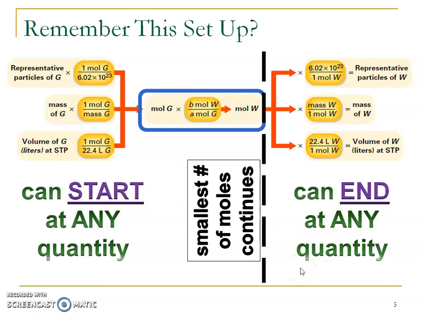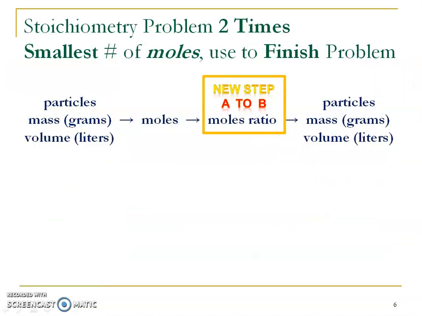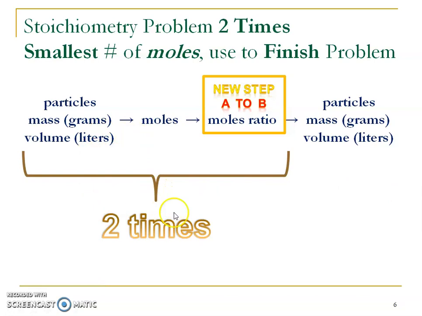This way, guys, we're not doing extra work, not doing work that we don't need to do. We're basically doing the stoichiometry problem two times, but stopping at the moles of what we want. We're going to equal it there and then finish the problem. So again, very similar to what you've seen before. You're going to do the stoichiometry problem twice. This beginning part, you're going to do two times, for two different reactants.